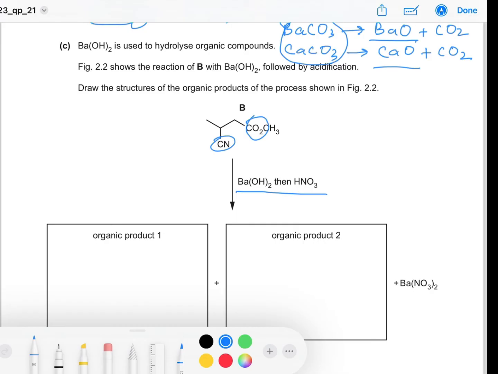Both of these will be hydrolyzed by barium hydroxide in this case. So the cyanide part will be hydrolyzed to carboxylic acid and the ester part will be hydrolyzed to an acid as well as the parent alcohol. So you can see here the alcohol part has a single carbon atom, which means the parent alcohol had to be methanol.